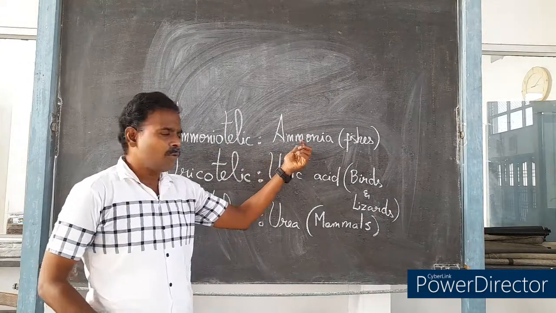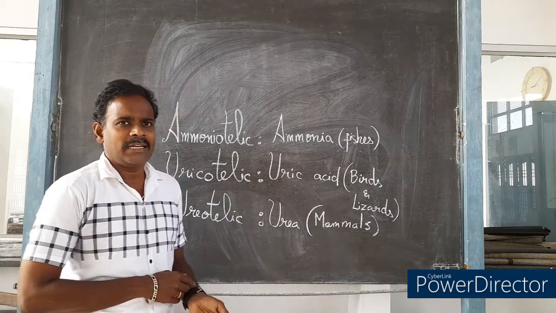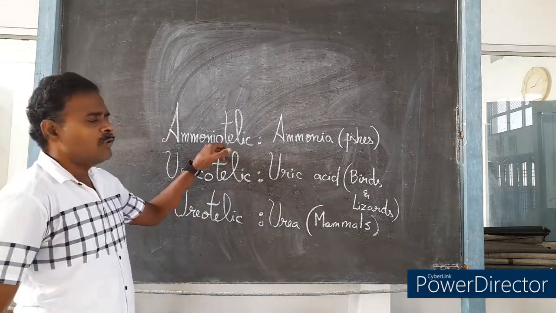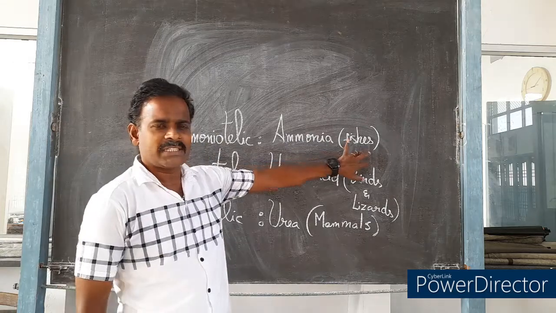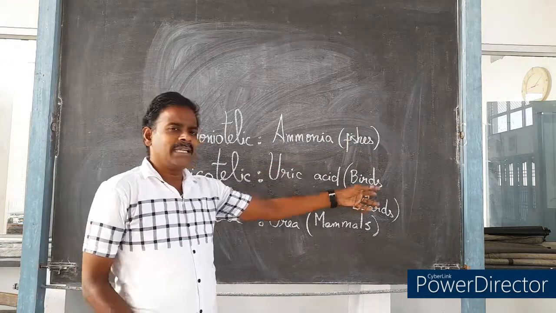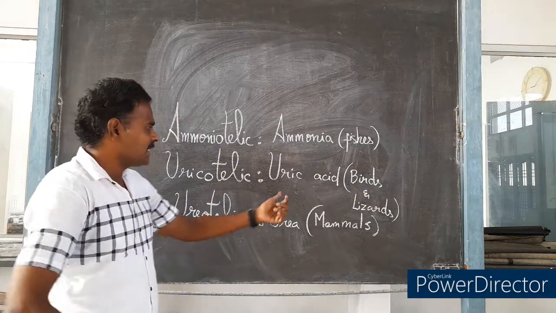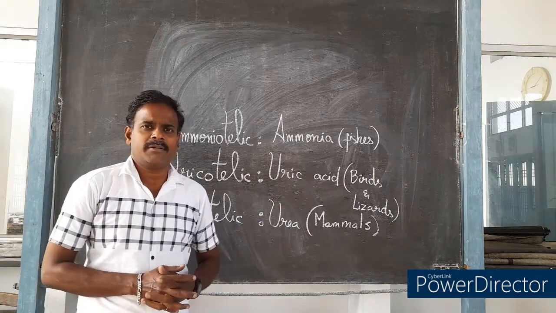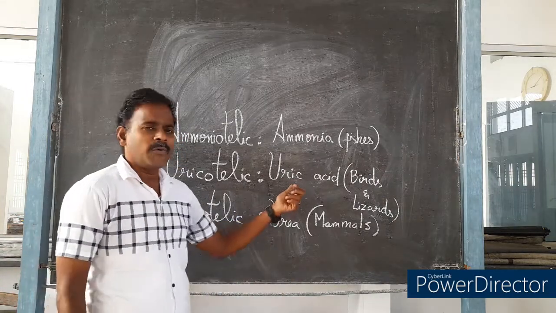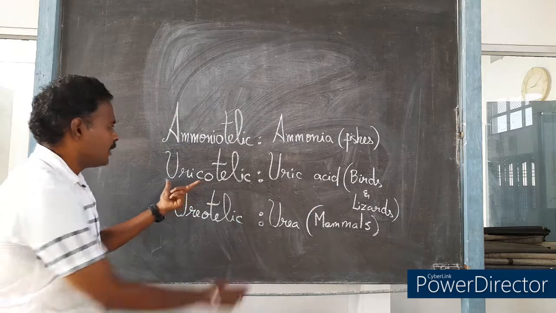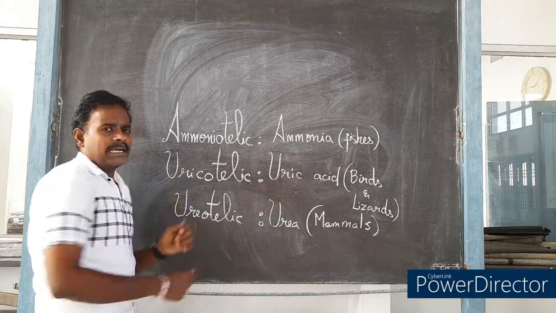Since ammonia is excreted as nitrogenous waste, they are known as ammonotelic animals. Example, fishes. In case of birds and lizards, the nitrogenous waste will be in the form of uric acid, and so they are known as uricotelic animals.